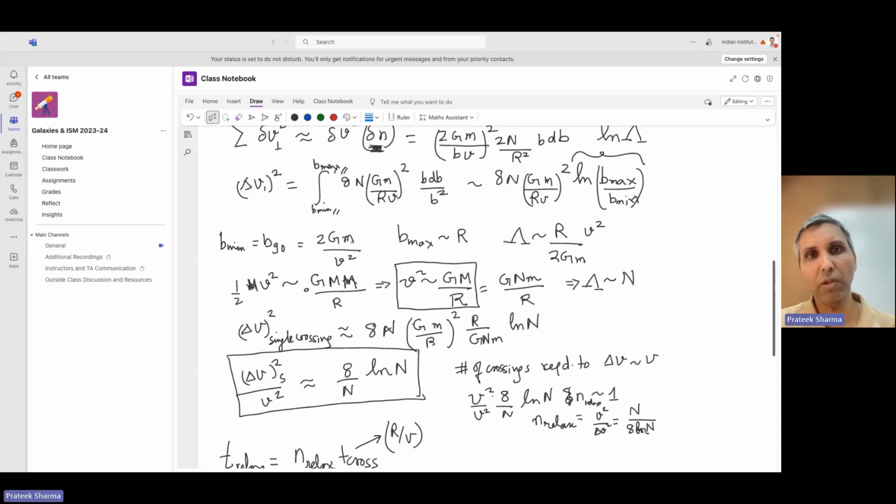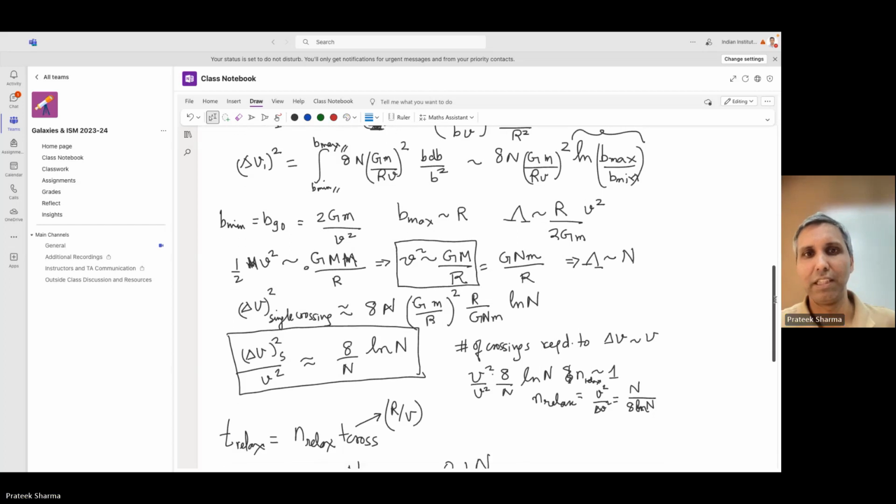So, if you put in a solar mass, the B value would turn out to be of order AUs if you plug in the numbers, which sort of makes sense because the nearby star has to come very close in order to have strong interaction with the Sun. Normally the nearest star is a parsec away, which is like 10 to the 5 times the AU. So essentially, they won't cause strong deflection.